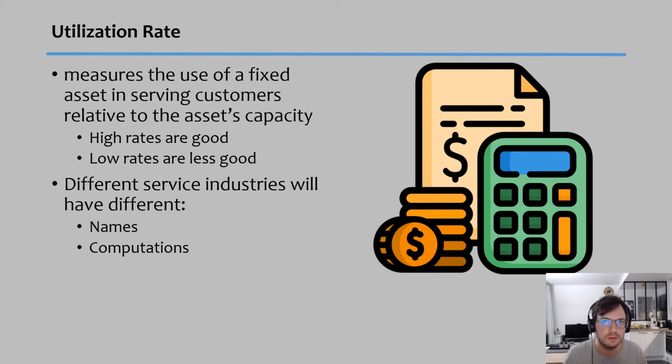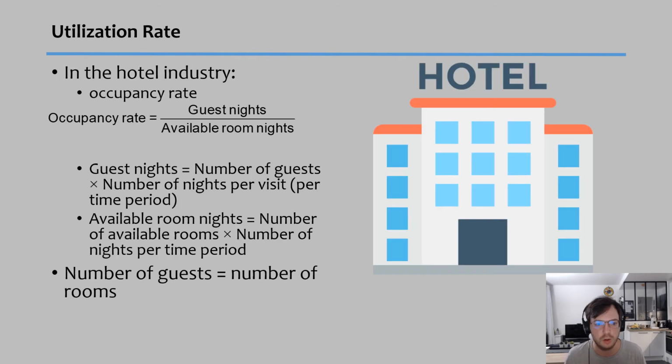Obviously, different service industries will have different names for utilization rate, and different calculations that you can use. But one of the most famous, used in the hotel industry, has a specific name. We call it occupation rate, which tells us what percentage of rooms in the hotel is occupied at a certain point.